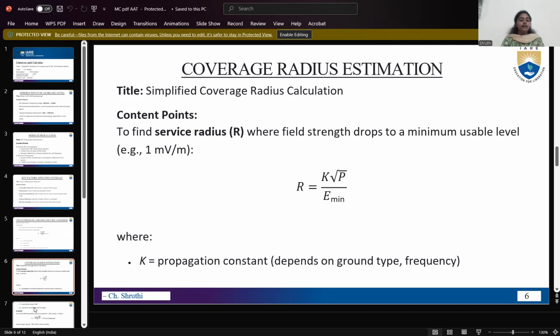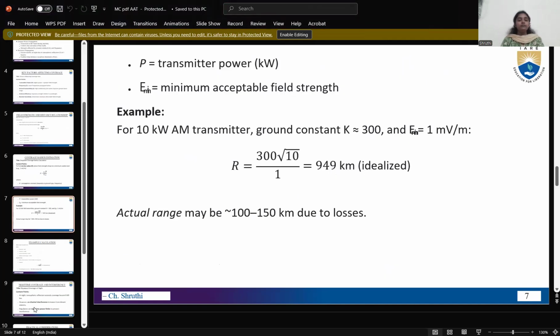P equals transmitter power, in kilowatts. E minimum is the minimum acceptable field strength.